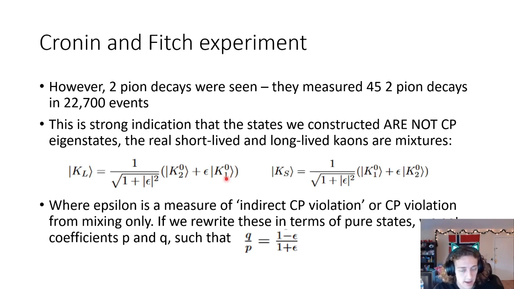The Ks and the Kl are the physical particles that we're seeing the decays of. So if we saw 45 2 pion decays, that means that Kl isn't just K2, but it's also a very small amount of K1. And the other way, alternatively, Ks isn't just K1, it's a small amount of K2, with this epsilon being a measure of CP violation.